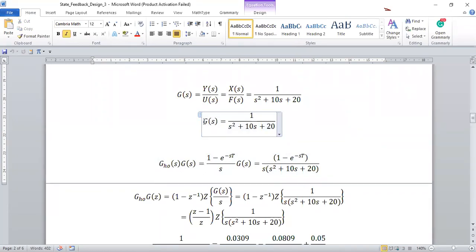So this was the transfer function we developed last week. Now we want to include the zero order hold. Then we'll derive the transfer function for the system in the Z domain, which is the proper representation, after which we'll go to the state space representation also in the Z domain.